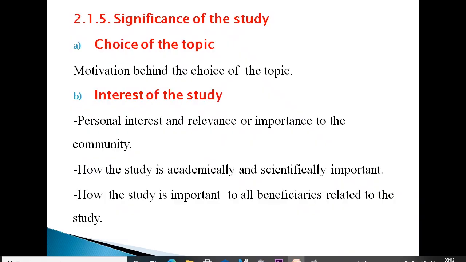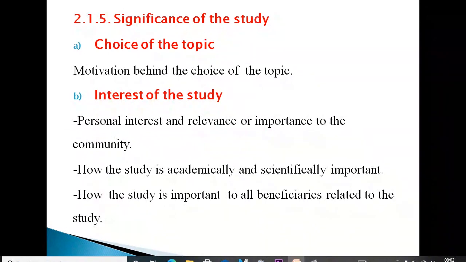After formulating the assumptions of your study, or your research hypothesis, then you present the 5th subtitle, which is the significance of the study. The significance of the study includes the choice of the topic, the motive behind the choice of the topic, what has motivated the researcher to choose the topic. The interest of the study also is included in the significance of the study.